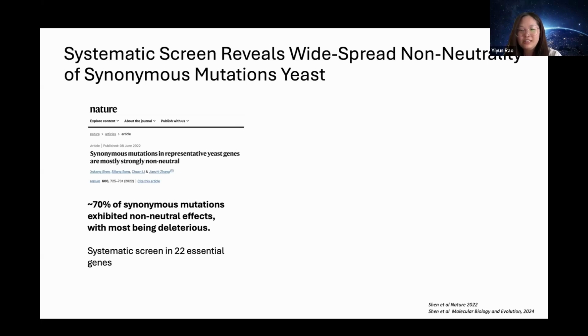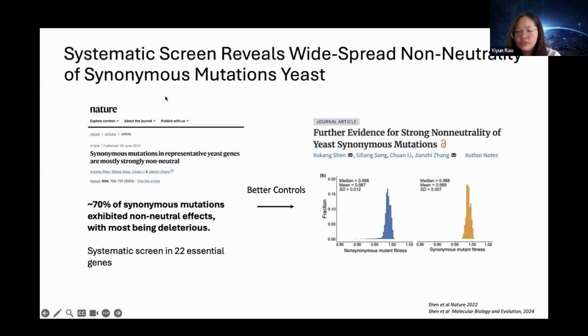This really shook things up at the time, and they met several pushbacks, with scientists examining their experimental design and their interpretation of the data. So they repeated the experiment with improved controls, and they still found clear evidence that more than 70% of the synonymous mutations are not neutral, at least in yeast.